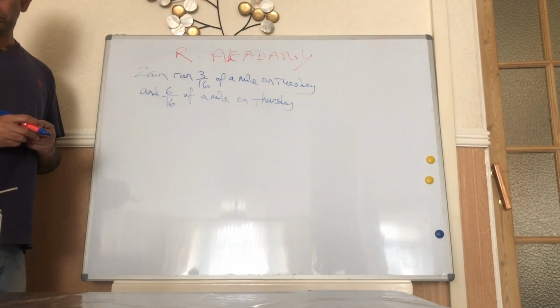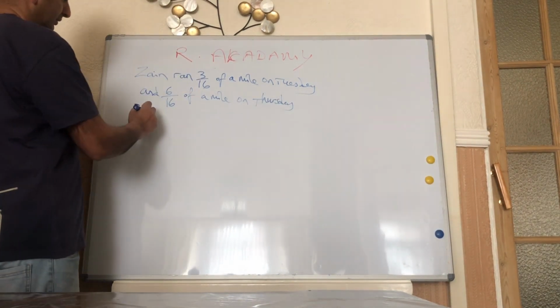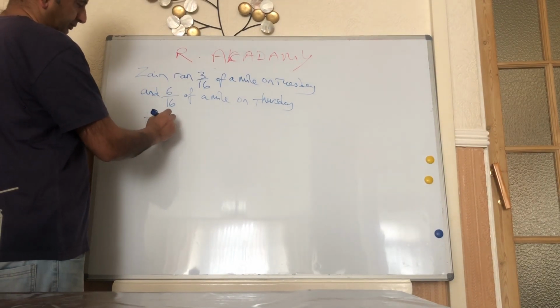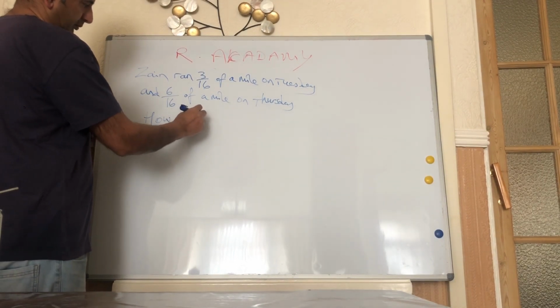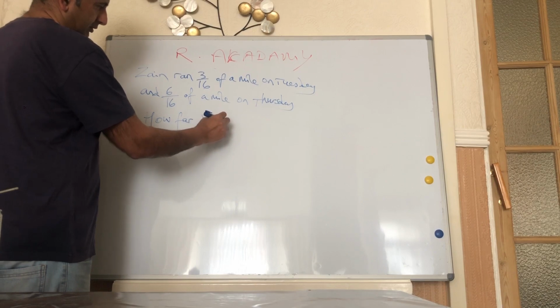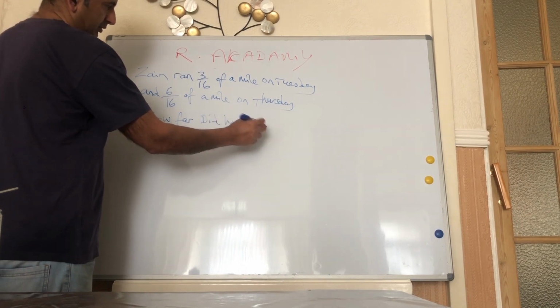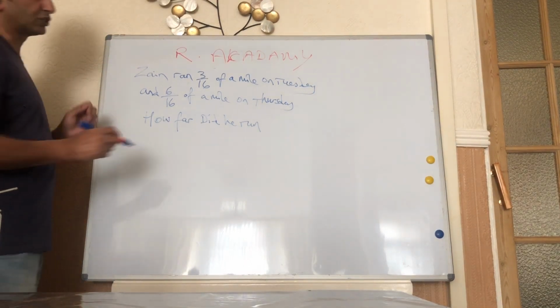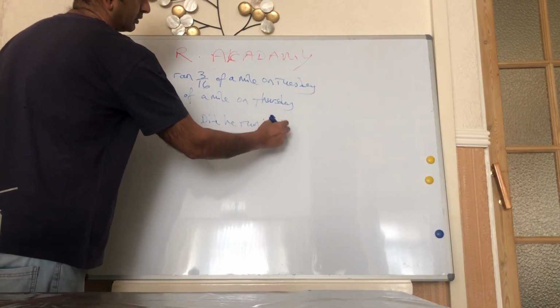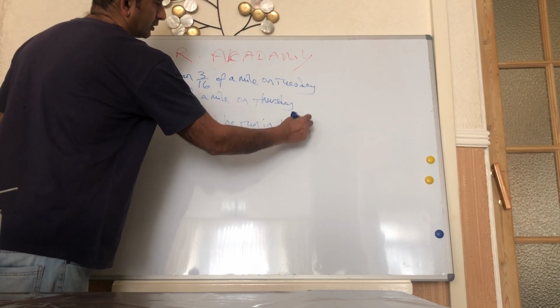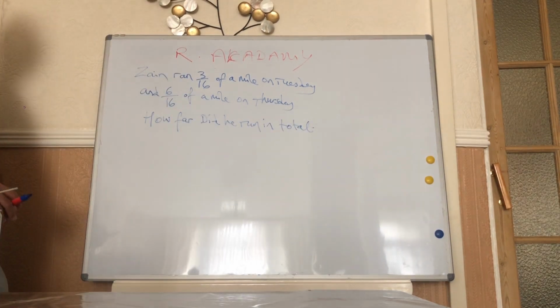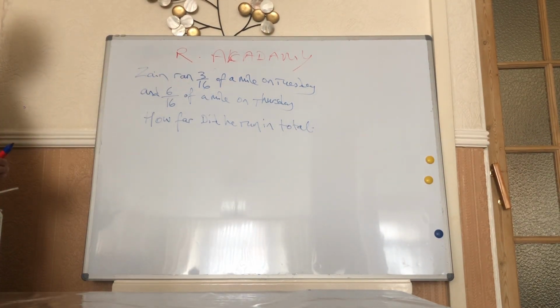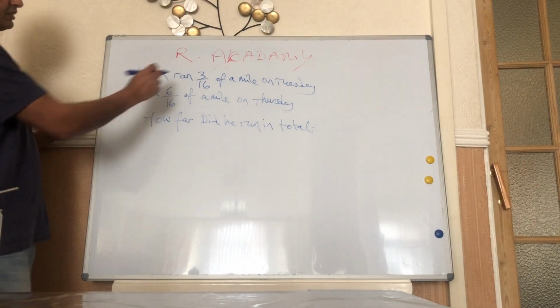So, how far did he run in total? So let's rewrite it. Zane ran 3/16 of a mile on Tuesday.